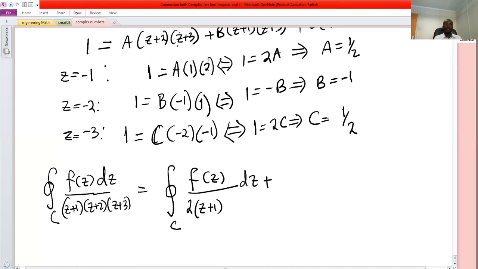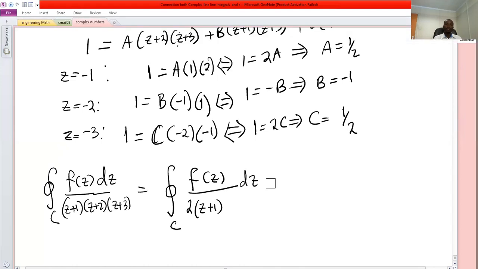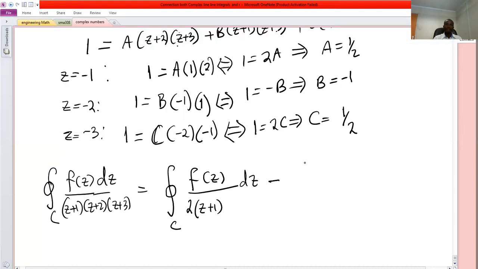B was negative 1, so I'll have negative integral along C of f of z over z plus 2 dz.